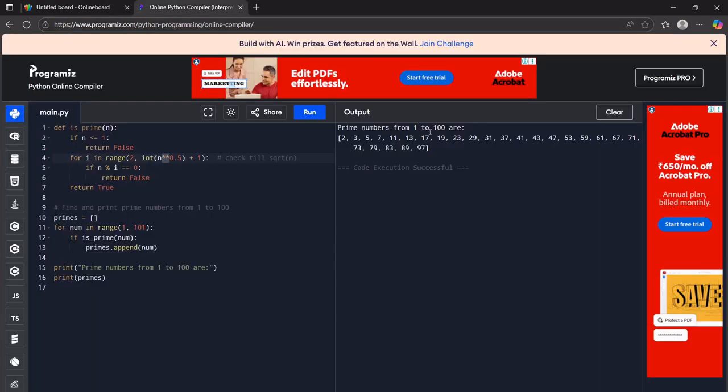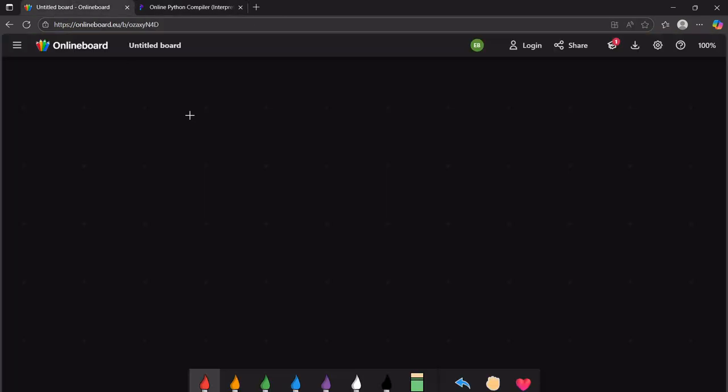We will take 17 as an example of a prime number. What is the square root of 17? It is approximately 4 point something, 4.1 something. So the range is from 2 to square root of n plus 1, which is 4 plus 1, 5.